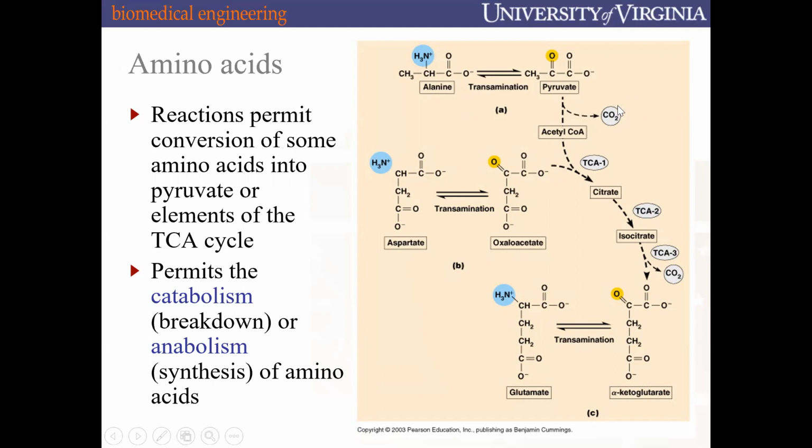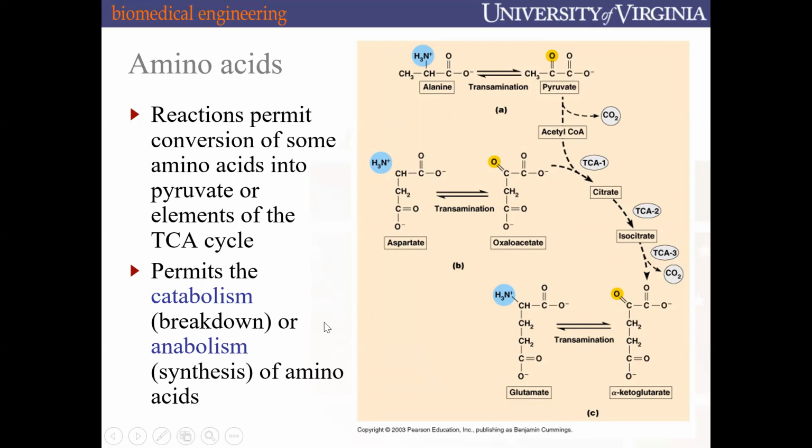And you can imagine this might be especially useful in the case that we see a depletion of one of these intermediates. So for example, if we see a depletion of oxaloacetate, one way to remedy this and continue the TCA cycle will be through a transamination reaction, eliminating this amine group on aspartate and giving us oxaloacetate.